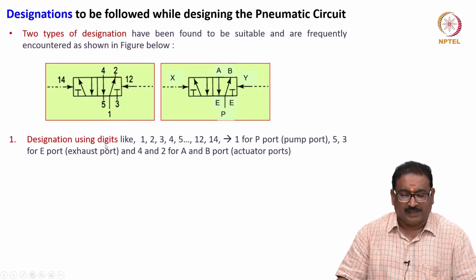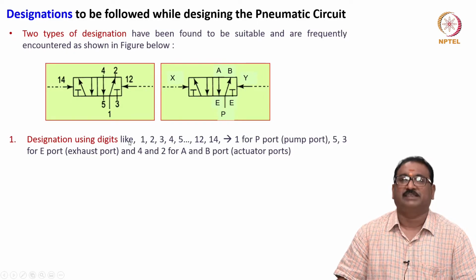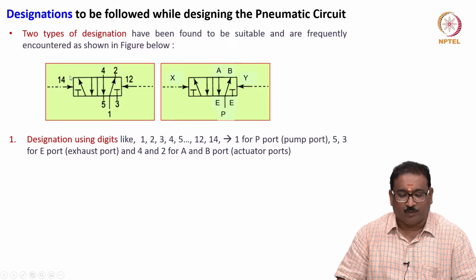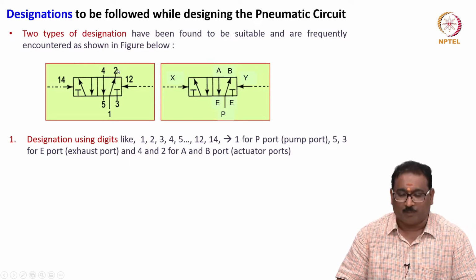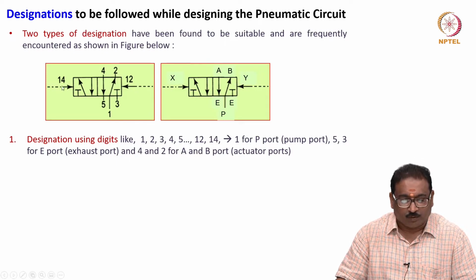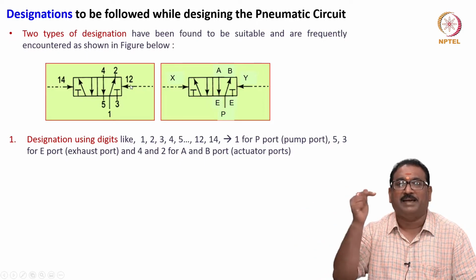You will see designation using digits like 1, 2, 3, 4, 5, 12, 14. Here 1 is for the pump port, 5 and 3 for exhaust ports, correct? And 4 and 2 for the actuator ports, and 14 and 12 are the pilot signals.